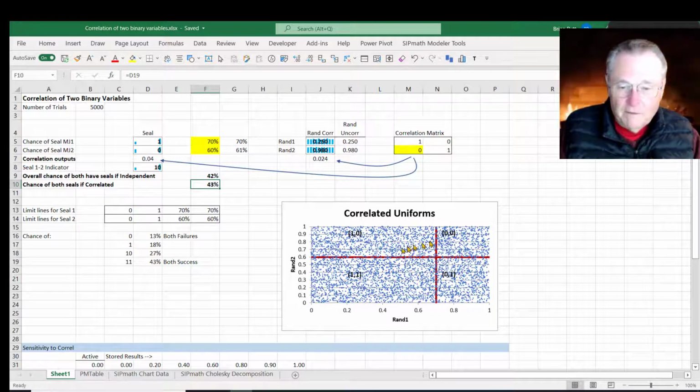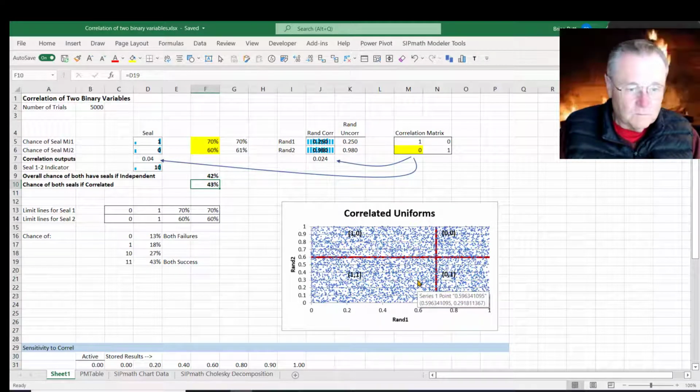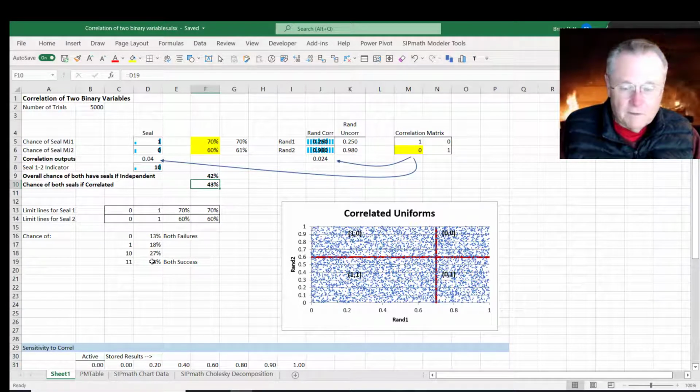So if I plotted the results of these two random variables, RAN1 and RAN2, these are these two variables here, we find out that 43% are going to be successful, because this is the 70% for RAN1, and this is the 60% for RAN2. So all the dots down in this quadrant are successful, both of them. Up here, they're both unsuccessful, and here there's only one that's successful and one that's unsuccessful. So we can look at that.